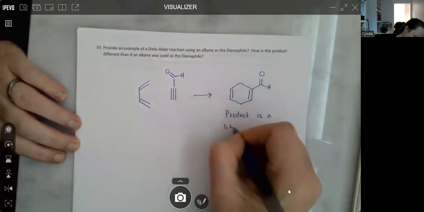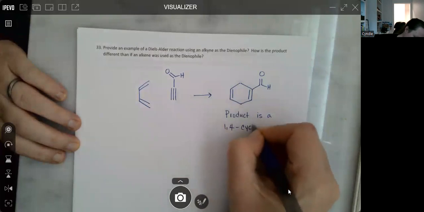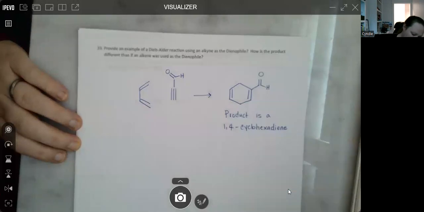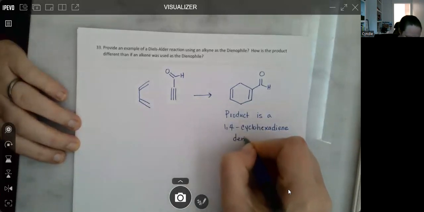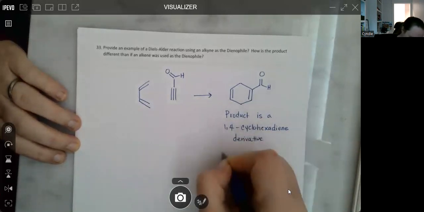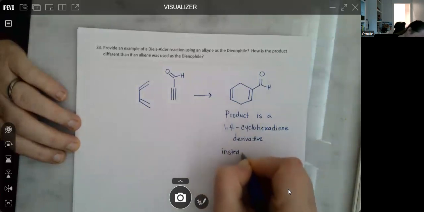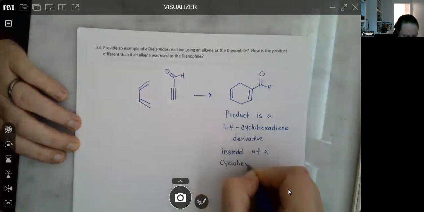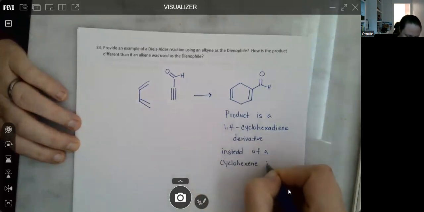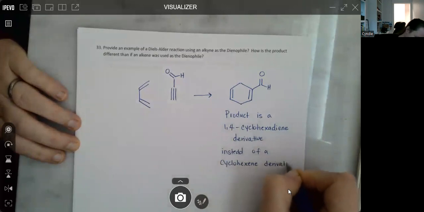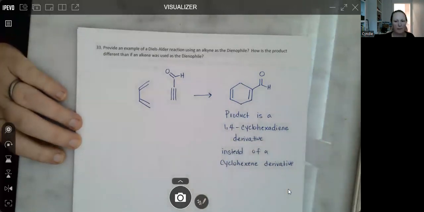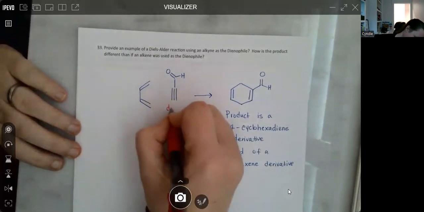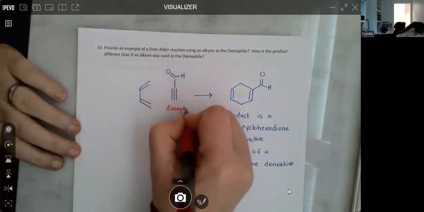A 1,4-cyclohexadiene derivative instead of a cyclohexene derivative. Okay, so we'll just label this. This is the dienophile.